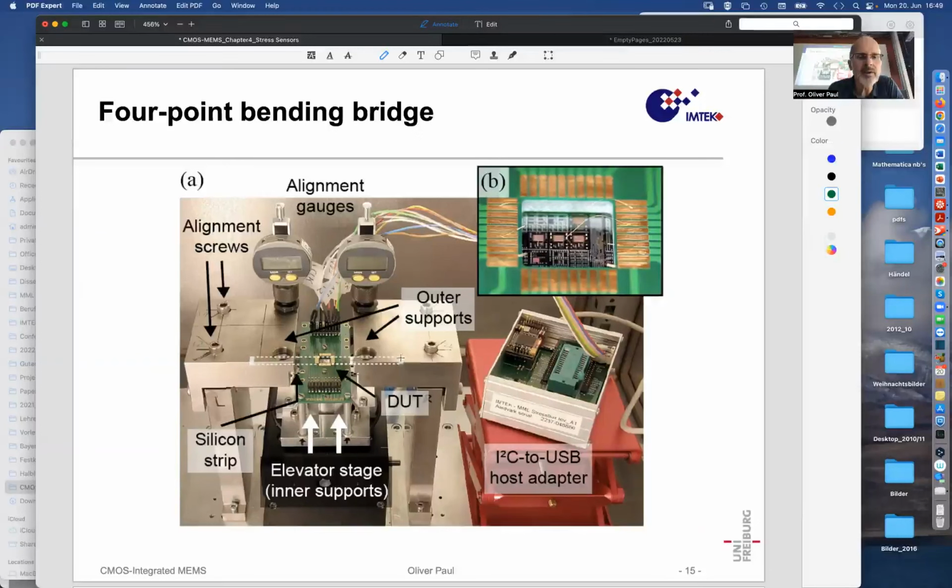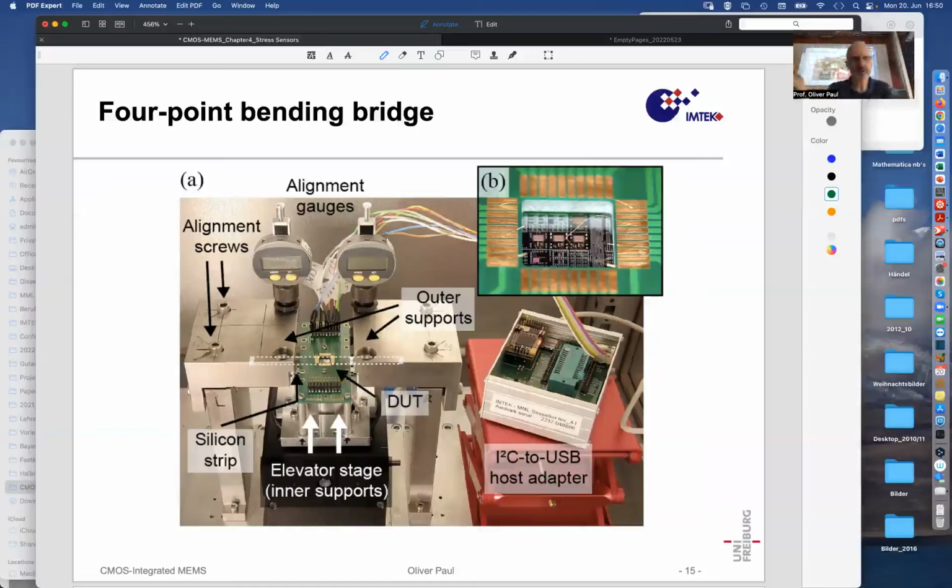Here you have to imagine a silicon stripe, which is placed underneath these large jaws that have these rods underneath, against which the silicon stripe is pushed by this elevator stage that has two inner rods that push the silicon stripe upward.